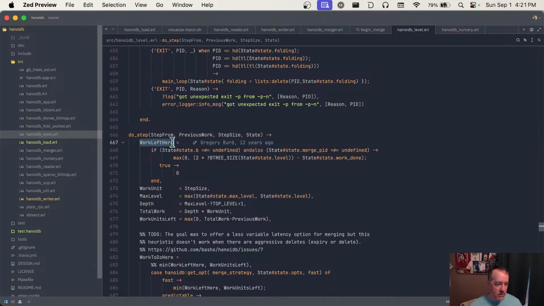So how much work left? Okay, if the B file exists, basically, and the merge process exists, right? So it's not undefined. Then you're going to pick the max of 0. So obviously you could do 0 work.